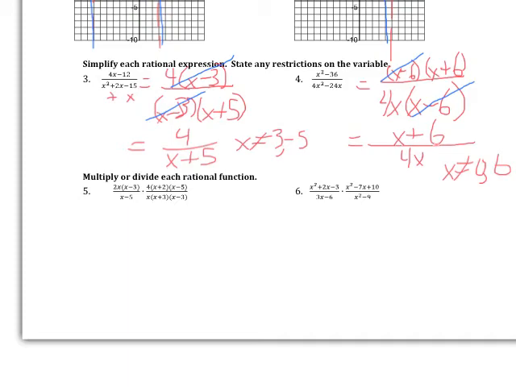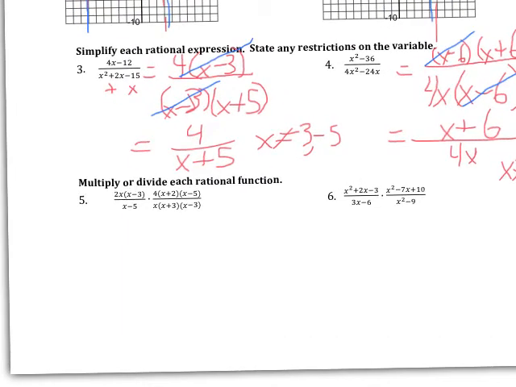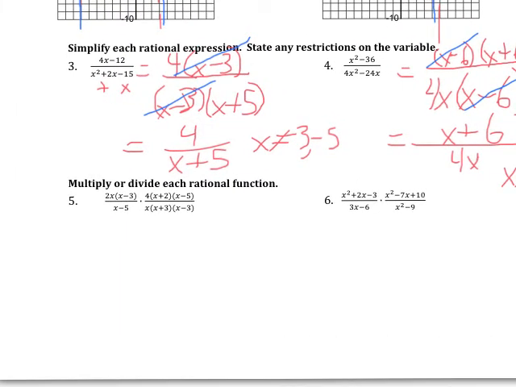So for example, I have an x minus 3 on top and an x minus 3 on bottom. I have an x minus 5 on top and an x minus 5 on bottom. Now what I'm looking at is there's an x right there and there's an x right there. Those actually get to cancel out too.